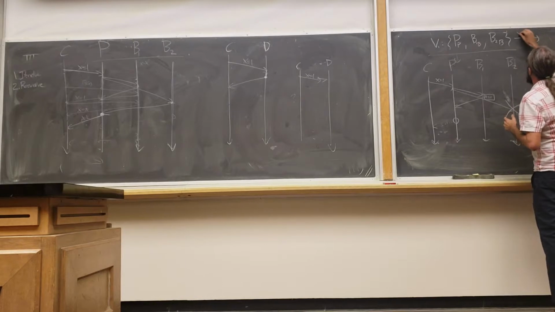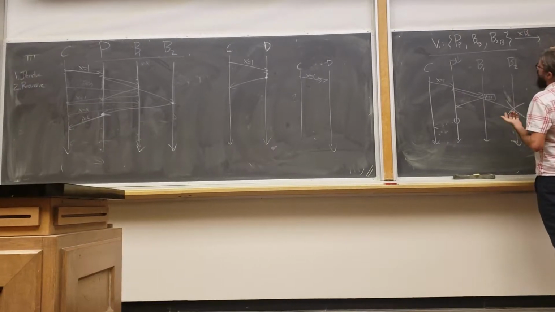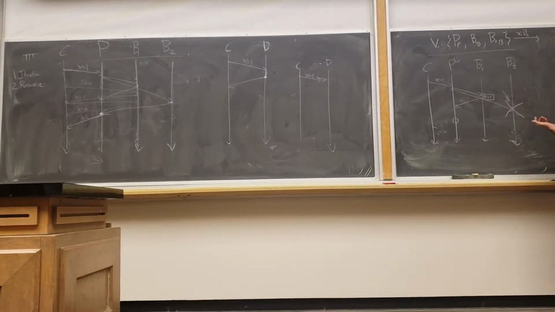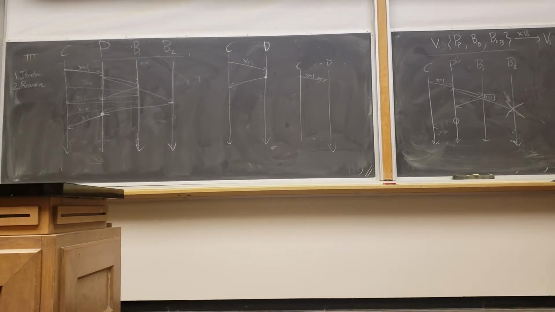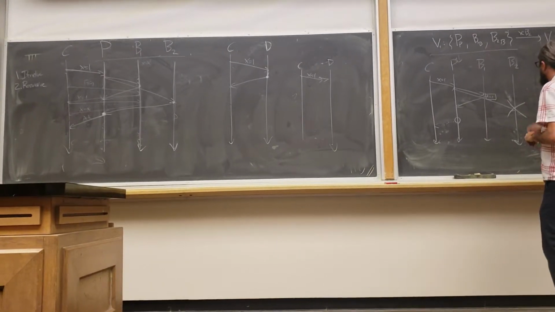This is a failure event, and we're going to transition to this new view, V2, briefly, in which P remains the primary, and backup 1 is a backup, and we have no other backup. Now, obviously, we don't want to stay in this view for very long. We want to add a new backup, because we're getting really close to losing our data here, right? But we briefly are going to be in this view.